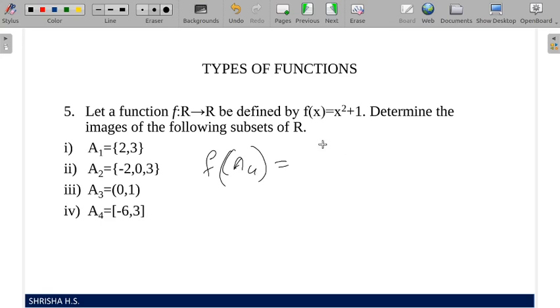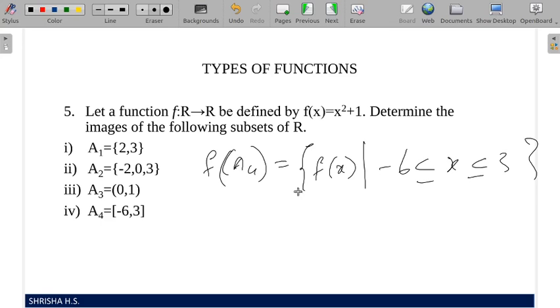So you can represent it this way: it contains f of x such that x is between -6 and 3. Also you can substitute if you want x square plus 1 such that x is between -6 and 3. So this is the answer for the fourth one.